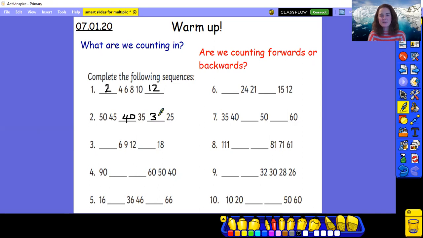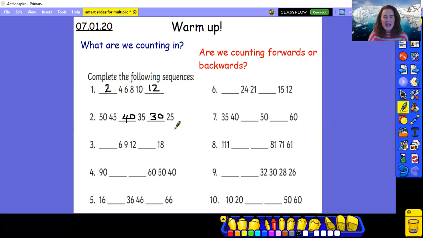Let's check to see that number sequence now works. 50, 45, 40, 35, 30, 25. It does. And if we look at our number pattern, remember we spoke about this on Tuesday. It ends in a 0, a 5, a 0, a 5, a 0, a 5. We've got an even, an odd, an even, an odd, an even, an odd number.